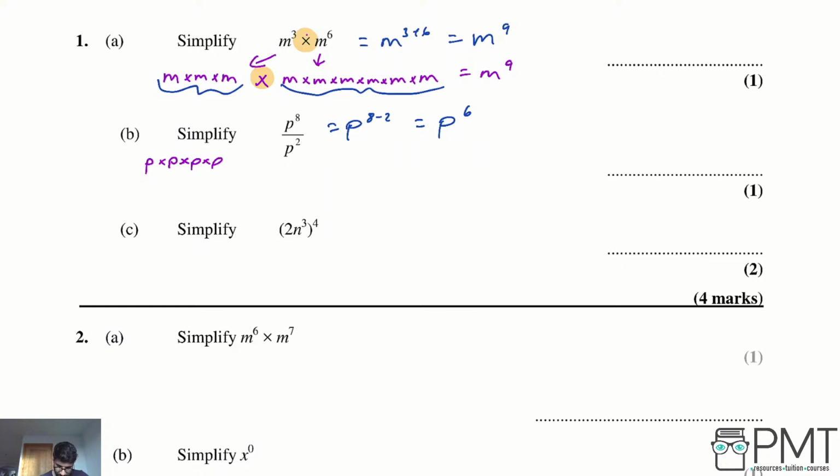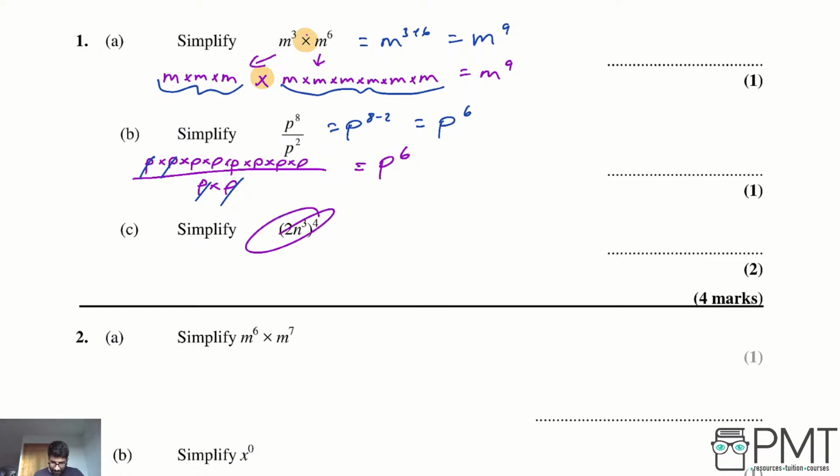I'm running out of battery. So that's 8 p's, and then you divide them by p times p. Each p divided by p will be 1, so those go away. That's how you end up with p to the 6. So that's how it works.